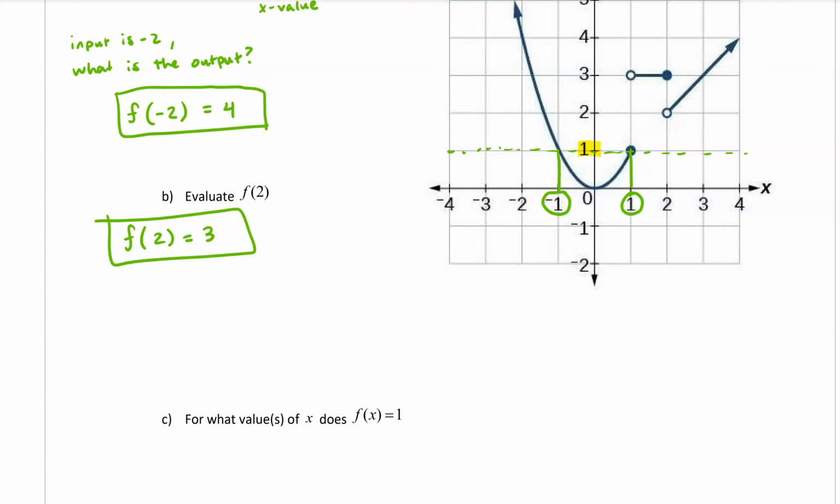So if we were to write our solution or our answer for part C, we would say the x values 1 and negative 1 give results such that f of x is equal to 1.